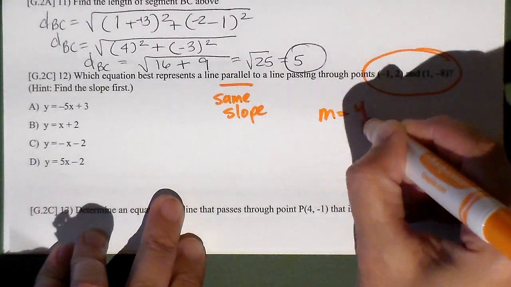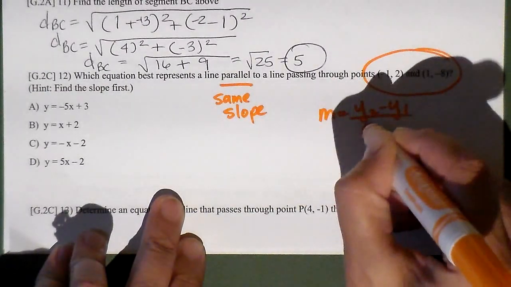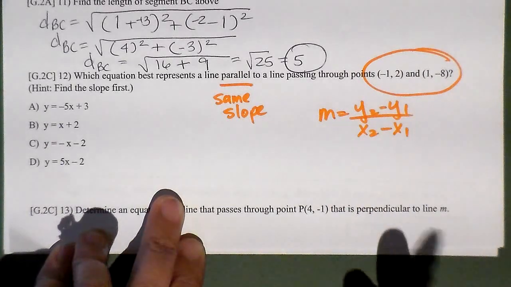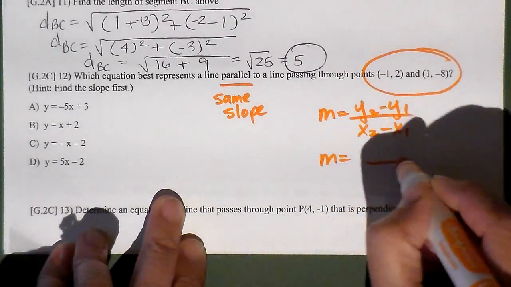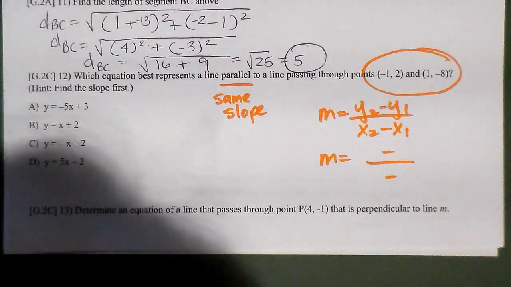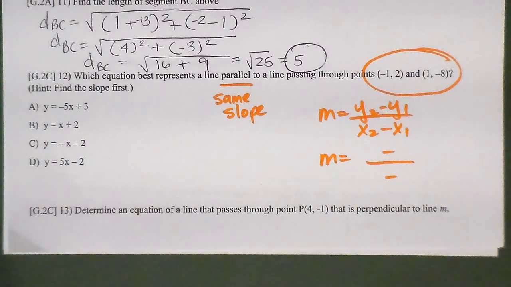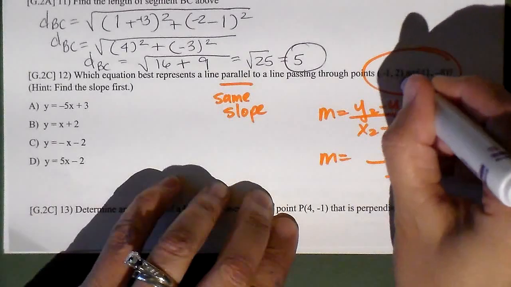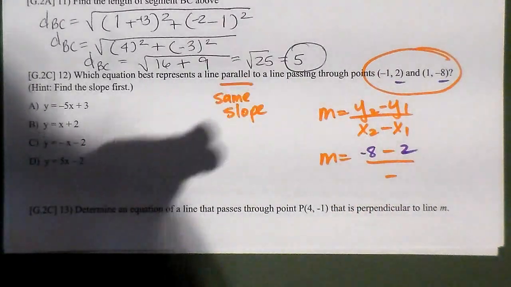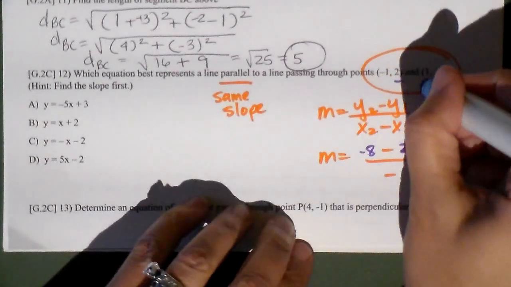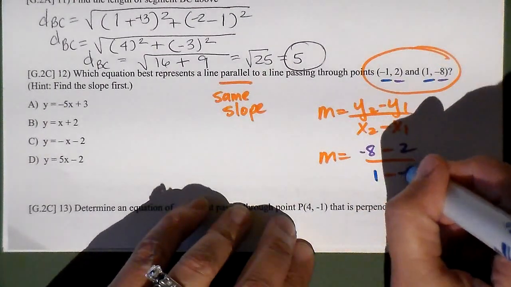Remember, slope is y2 minus y1 over x2 minus x1, the change in y over the change in x. So I'm going to rewrite my formula and plug in, and let's use some color here because we always love color. My two y values are -8 and 2, and my x values are 1 and -1.